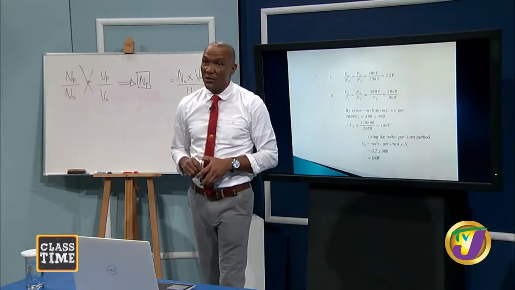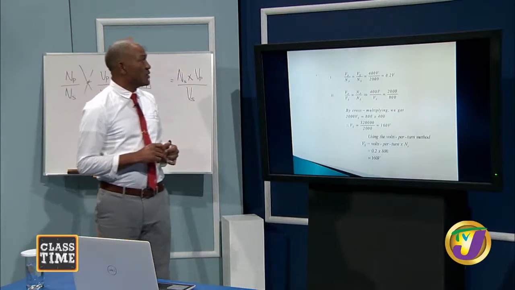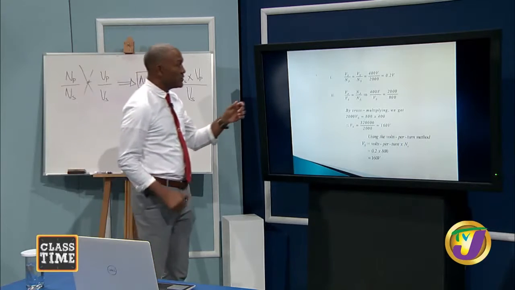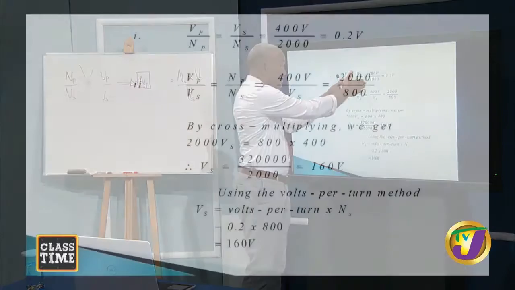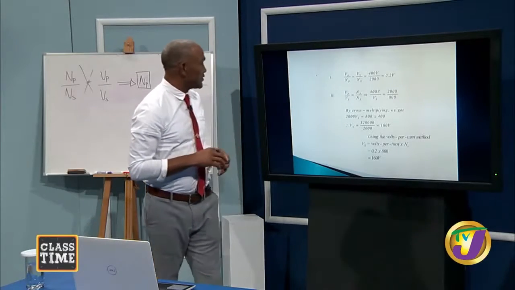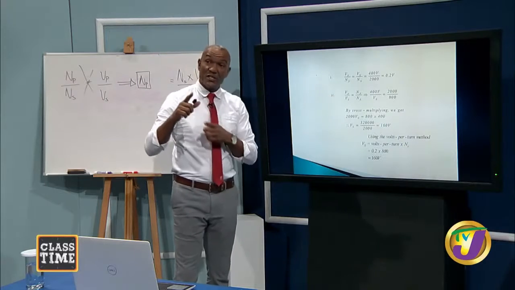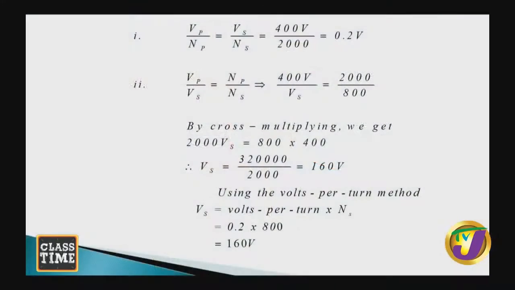And that becomes 0.2 volts. So for each turn in the transformer, we would get 0.2 volts. Transfer this to your secondary, it would be the same, 0.2 volts. Now it says find your secondary voltage, or the voltage that supplies the load. And here's your equation. So let's go over here.